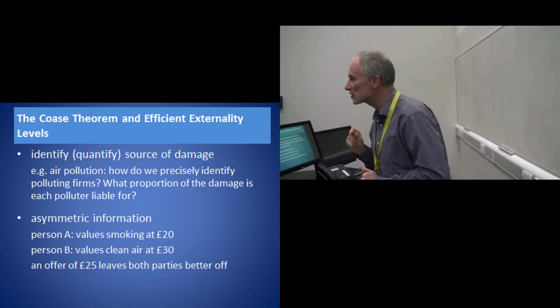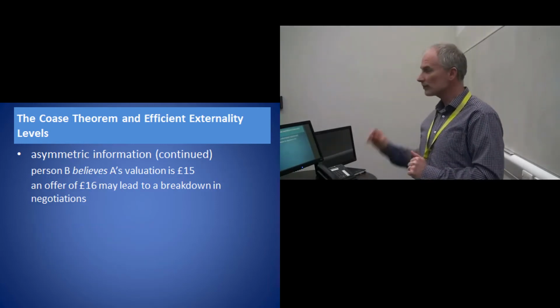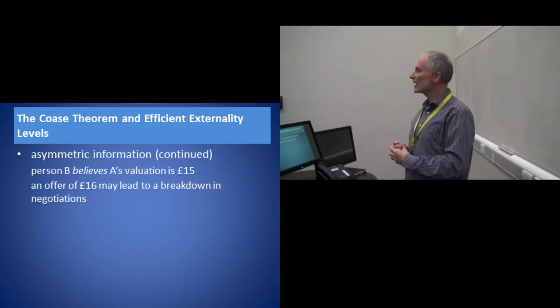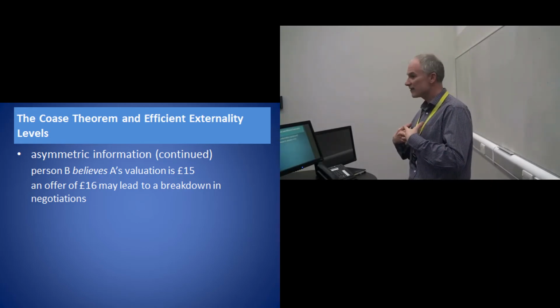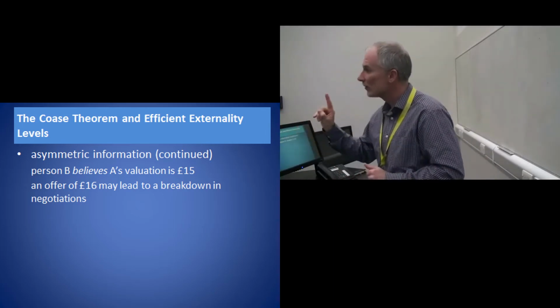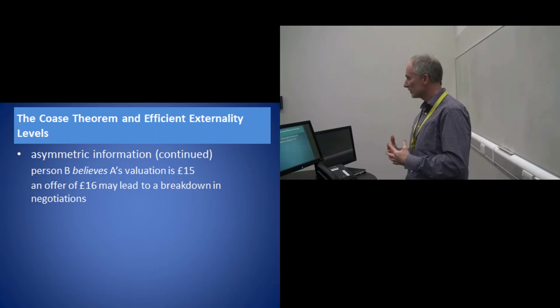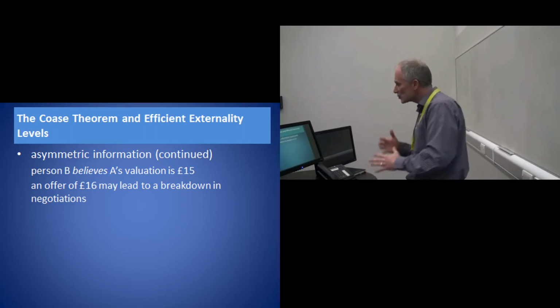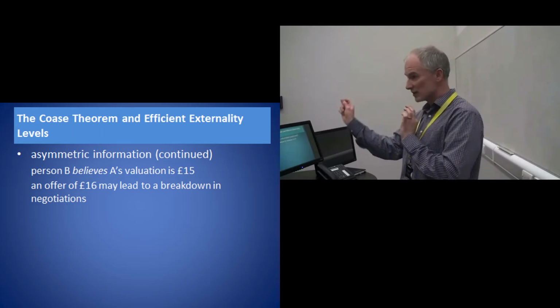However, now comes the part for information asymmetry. The fact that person A values smoking at £20 is a piece of information that's probably only known to person A himself. He knows how much he values smoking at, but his roommate doesn't. His roommate can only guess. See, this is the information asymmetry.